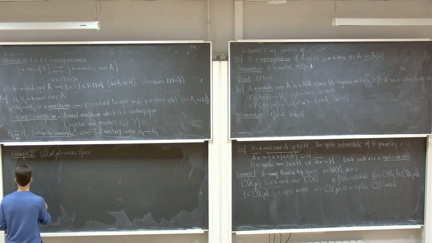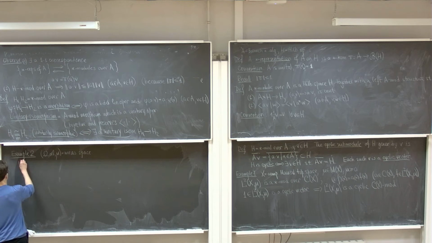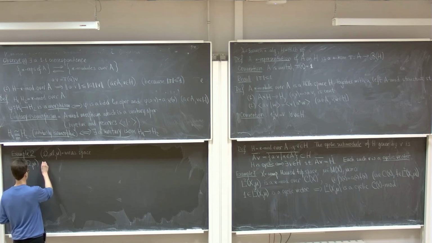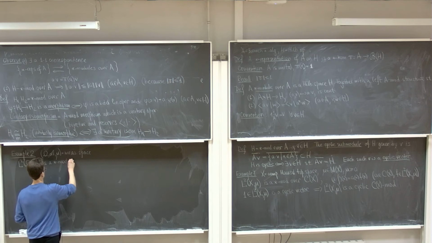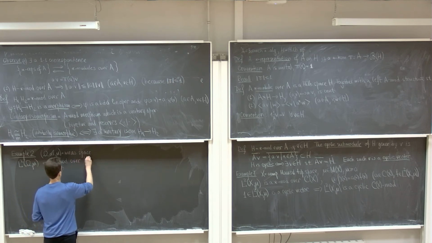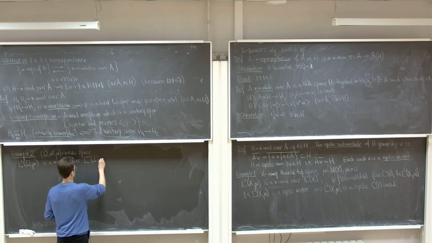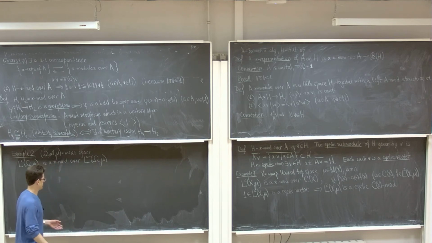And observe that L2 of omega becomes a star module over the algebra L infinity of omega, again with respect to the pointwise multiplication.